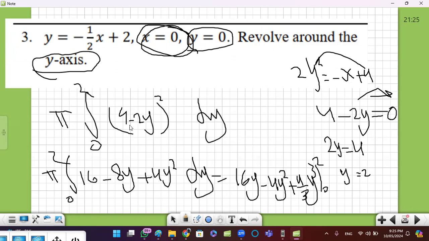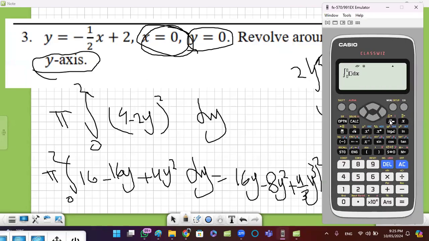I do this bracket 16 minus 16. This is 16, not 8, sorry. 16y. So this will be 8. Plus 4 over 3. I set up the normal integral. I set up from 0 to 2, and I substitute y equal 2 only, and I find the answer.